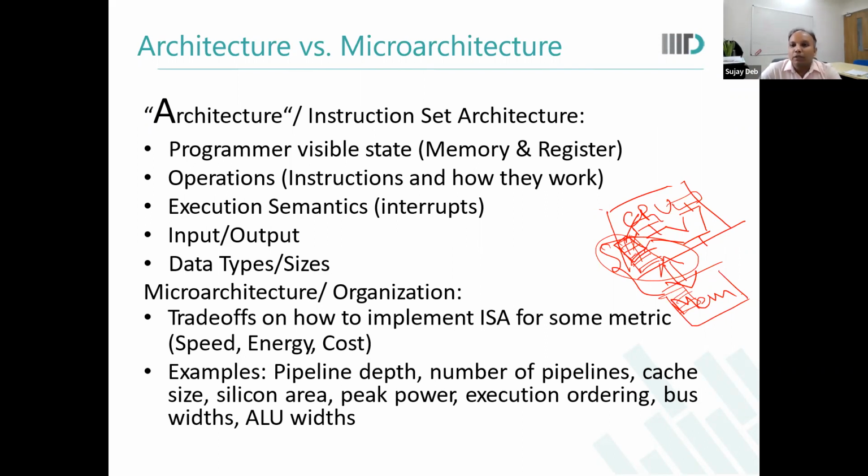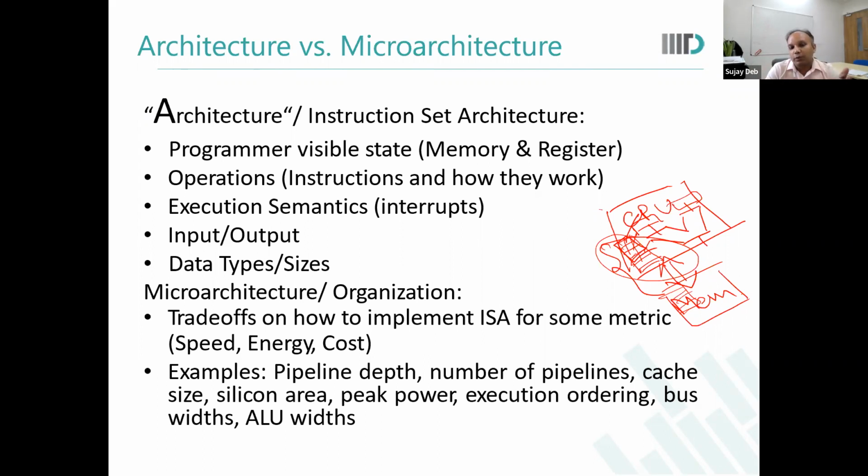Similarly, how your input output works. You can have a UART for input output, or you can have parallel inputs, parallel outputs, or some serial input output. All these theoretical decisions will be specified in the instruction set architecture.